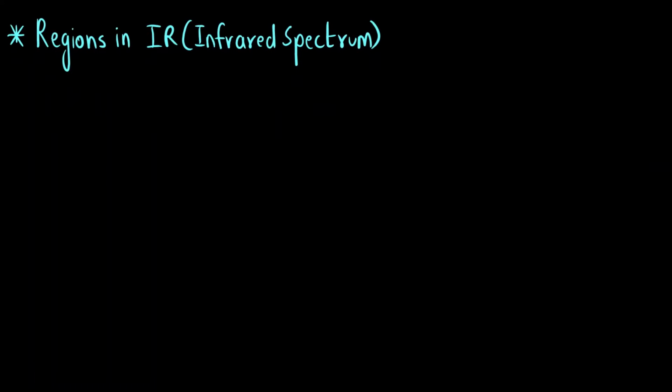So now if you see in an infrared spectrum, there are two basic regions. One is called the fingerprint region, and there is another region that is called the functional group region or functional region.